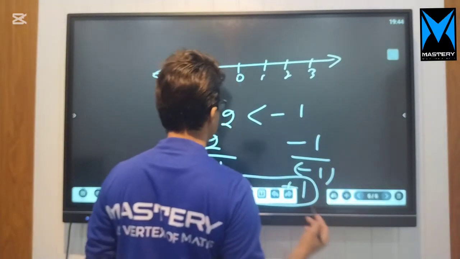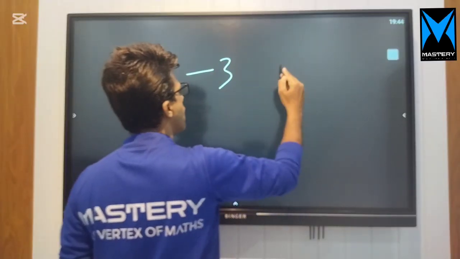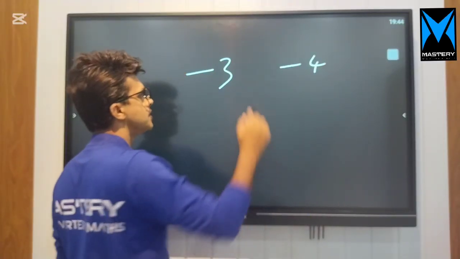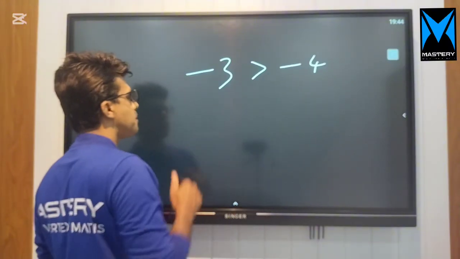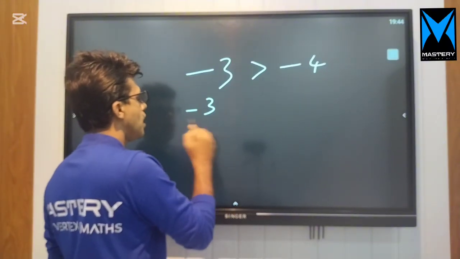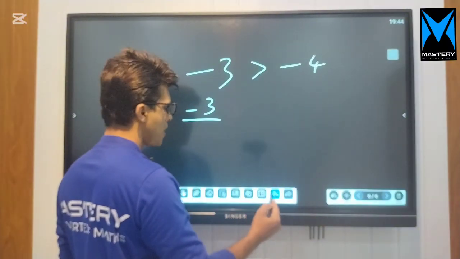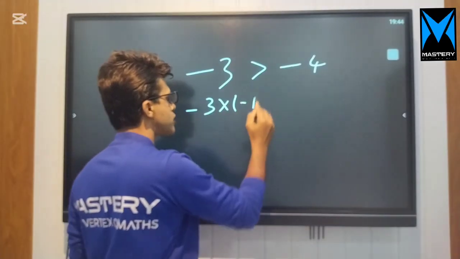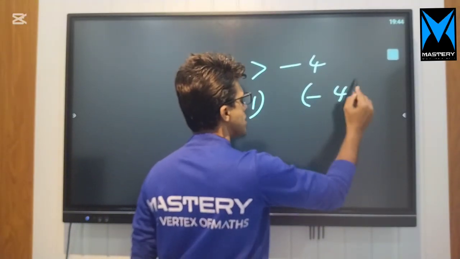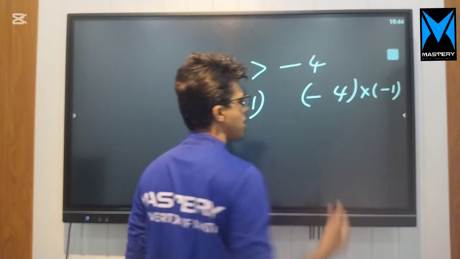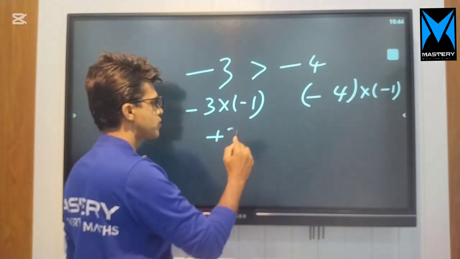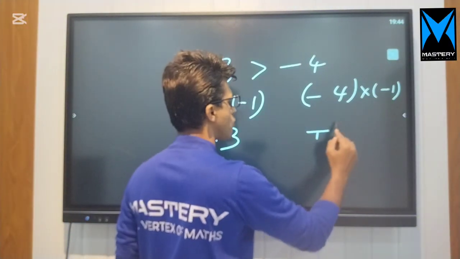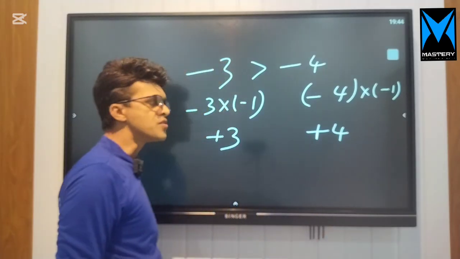So think of this one: minus 3, minus 4. The greater digit here is minus 3. So what happens here? I'm multiplying both sides by minus 1. Minus into minus is plus, 3 times 1 is 3. Minus into minus is plus, 4 times 1 is 4. Now what has happened really?